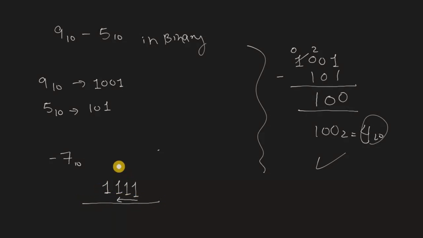Why? Because the part that you see over here is the magnitude, which signifies 7, but the first 1 that you see means negative. So this is the sign. This is why it's called the signed number, because the numbers are always represented in sign and magnitude. The first bit is the sign. If it's 1, that means it's a negative number. If it's 0, that means it's a positive number. And the rest is the magnitude.